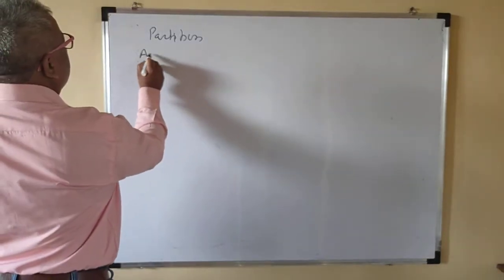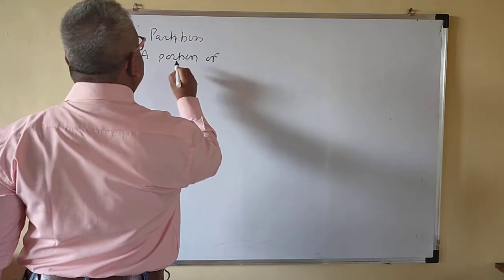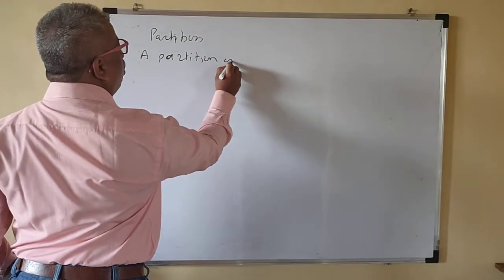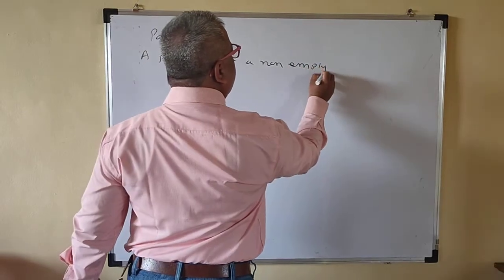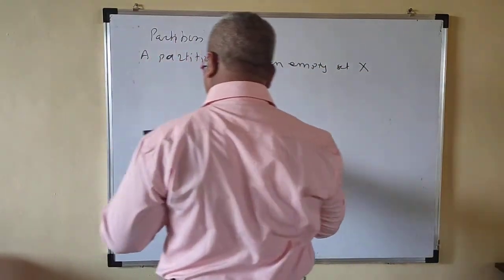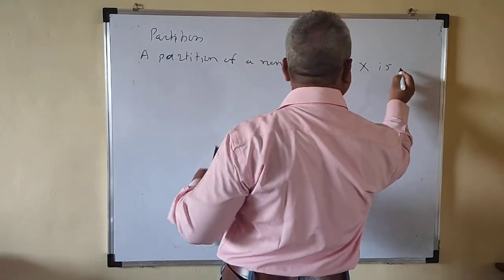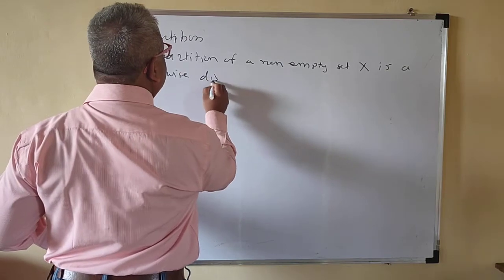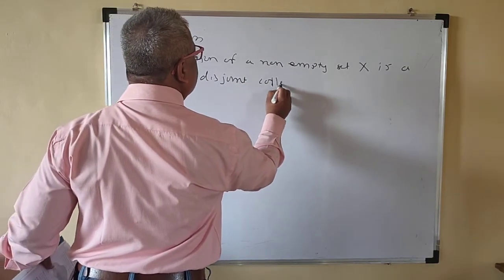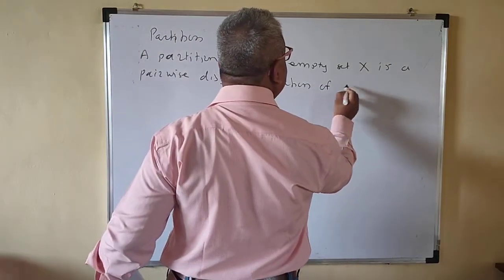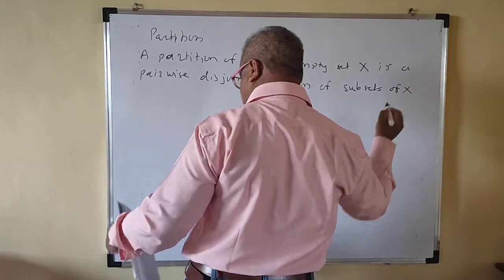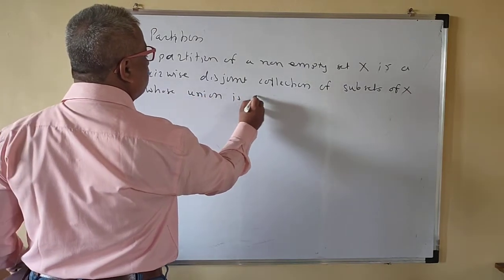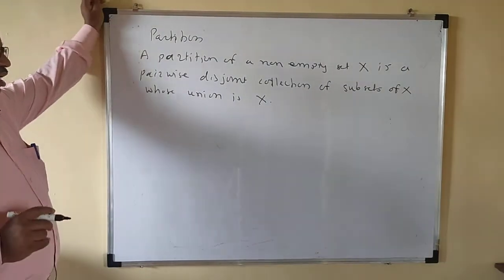A partition of a non-empty set capital X is a pairwise disjoint collection of subsets of X whose union is capital X. Okay, so this is the definition of partition.